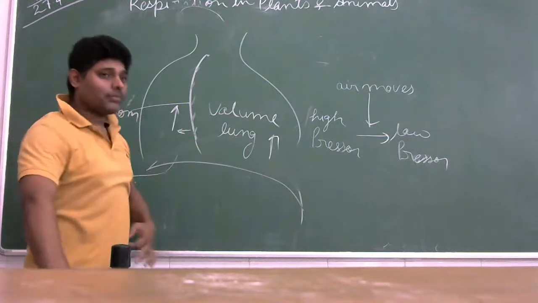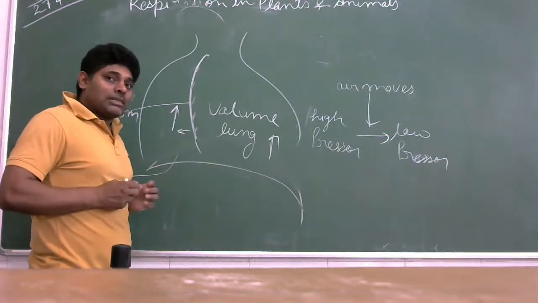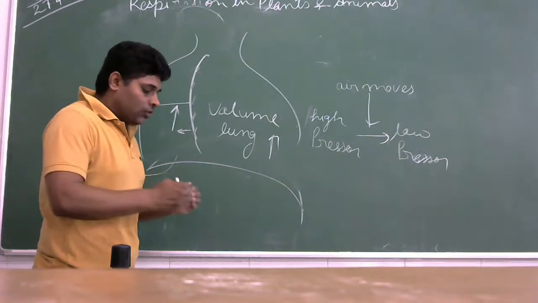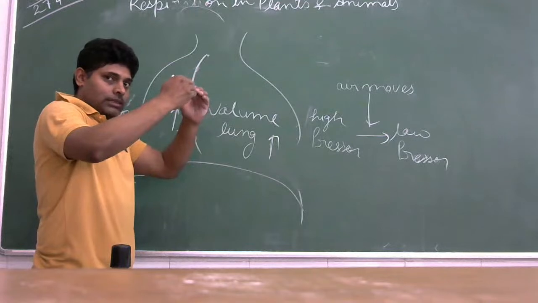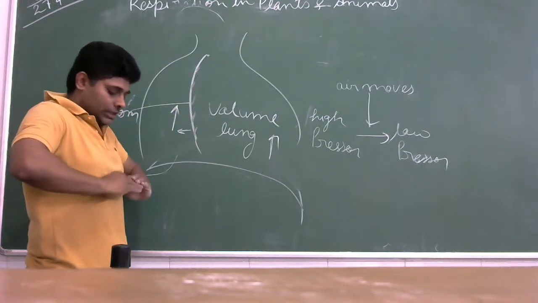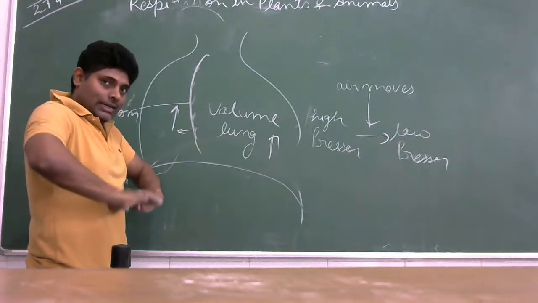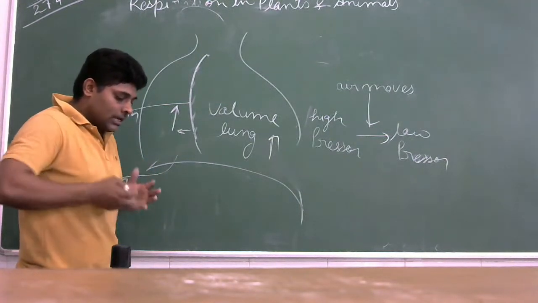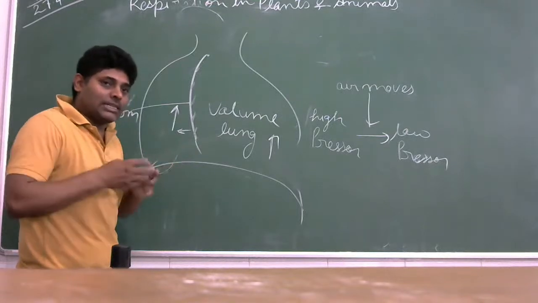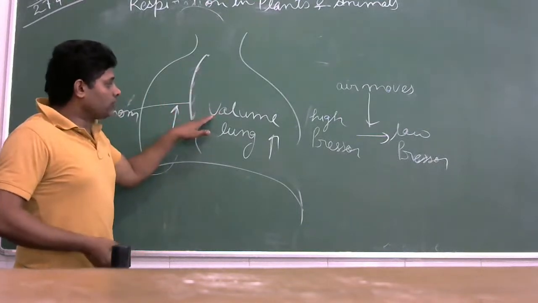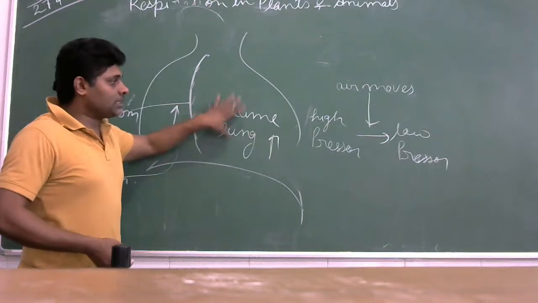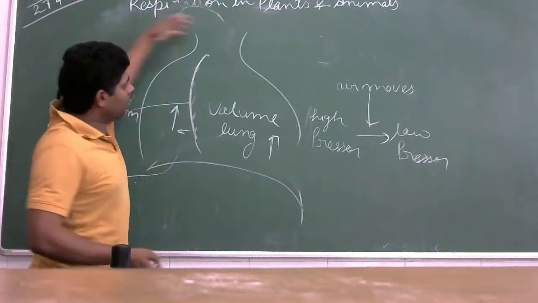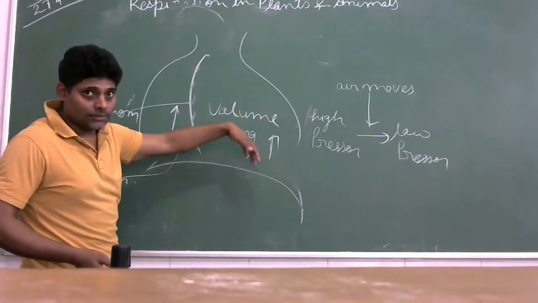Once again, intercostal muscles stretch the sternum, which moves slightly outwards and upwards. The abdomen is slightly suppressed, then the overall reaction is that the volume of the thoracic cavity increases. That means air pressure becomes low. Automatically air comes and rushes into the lungs.